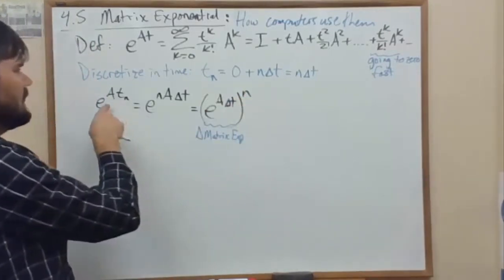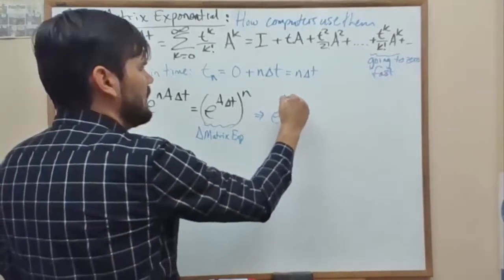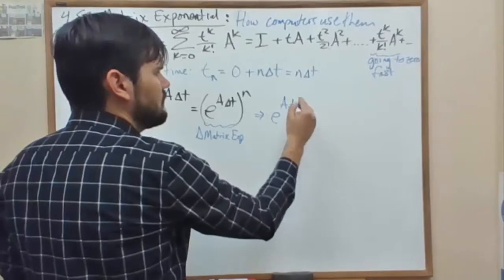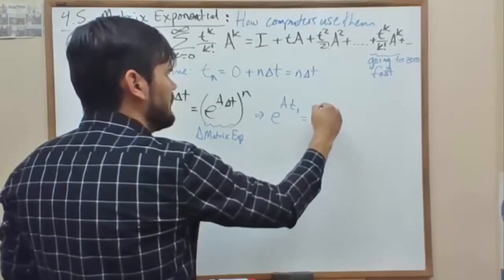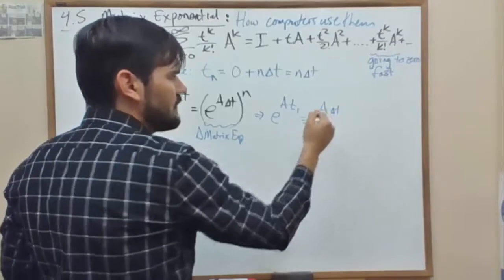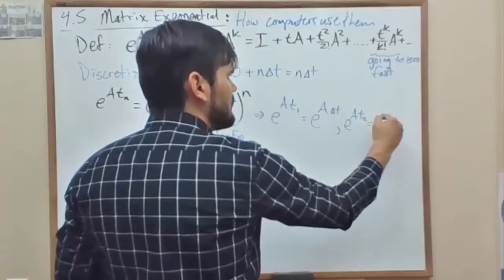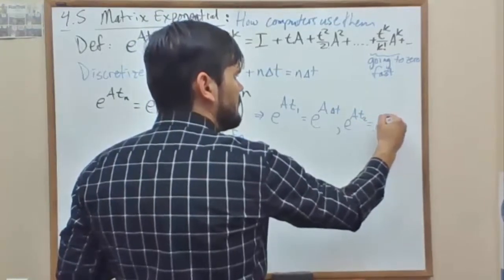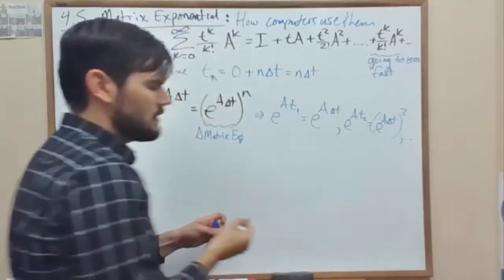to get e to the A t1 equals e to the A delta t, e to the A t2 equals e to the A delta t squared, and so on.